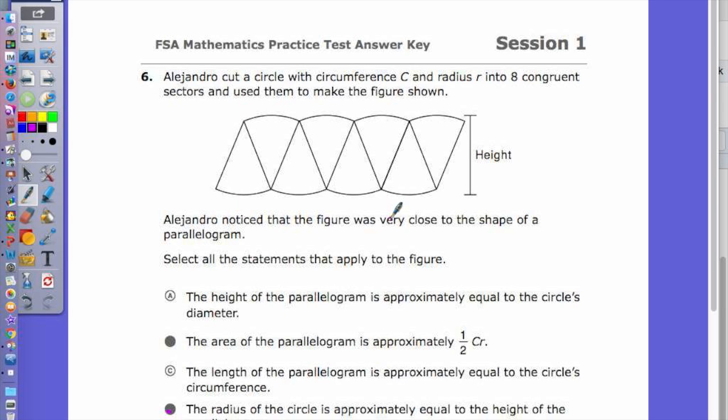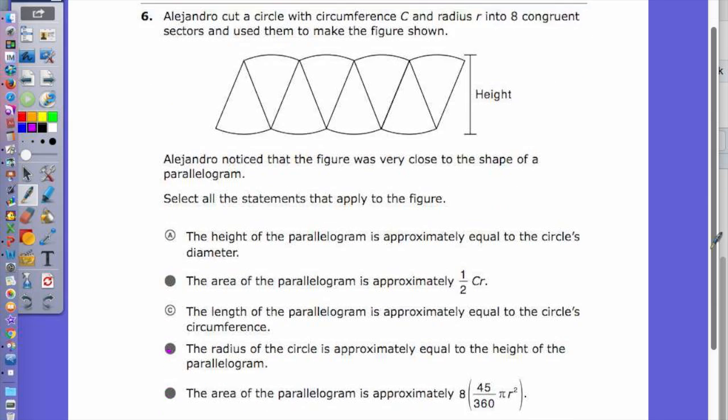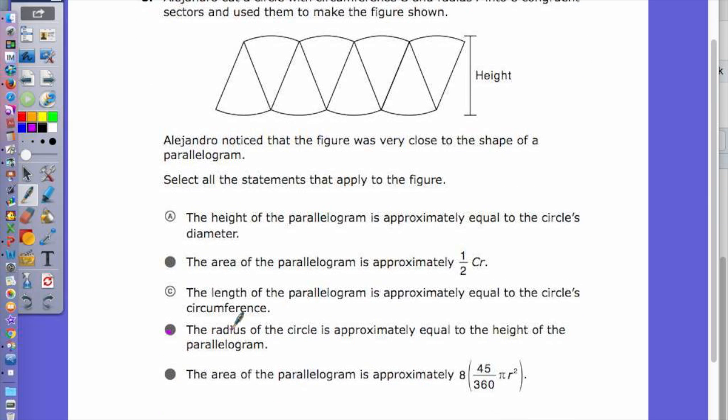The length of the parallelogram is not equal to the circle's circumference, it's equal to half the circle's circumference. We talked about why the radius of the circle, that one's correct. What they're doing here is they're using TJ's trick. If this is a circle and it makes 8 congruent sectors, 360 divided by 8 is 45. By the way, that would simplify to 1/8.